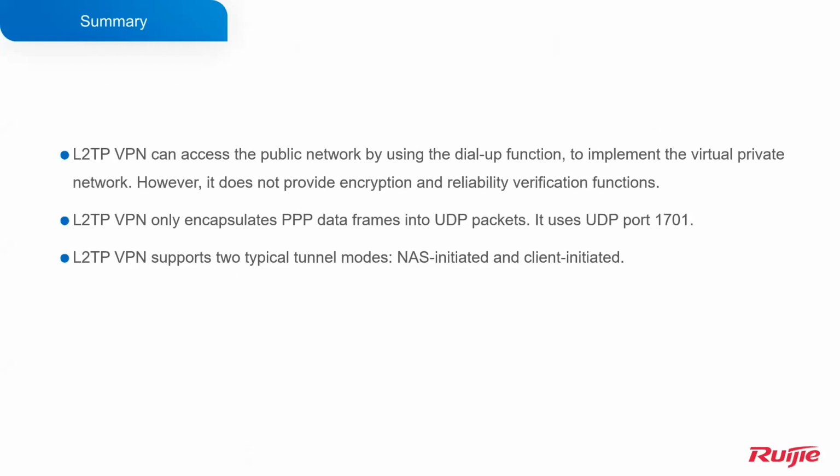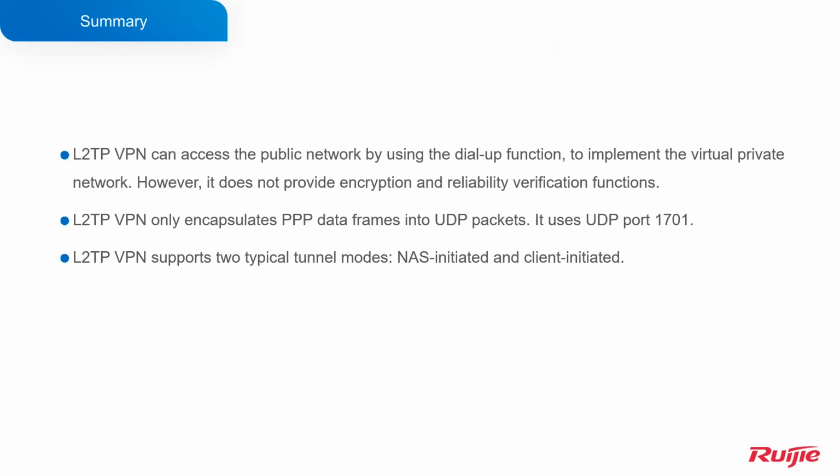So the summary for L2TP is: L2TP VPN can access the public network by using the dial-up function, right? And pay attention, it cannot provide encryption and reliability verification functions. So you can use the VPN to pass through the public network and transmit private messages.